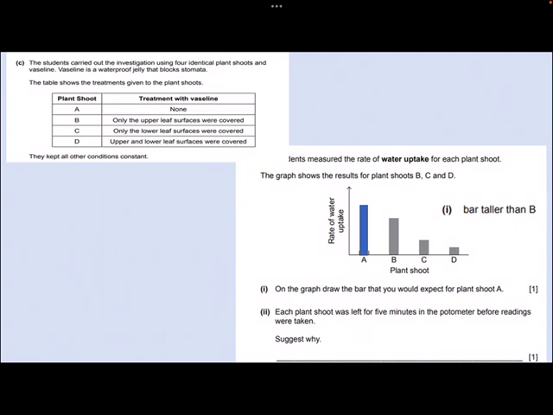Each plant shoot was left for 5 minutes in the photometer before readings were taken. Suggest why. So for that, the idea is that it allows time for it to settle, to acclimatise to the conditions you're setting up in, to reach a steady rate, to allow time for the bubble to start to move.